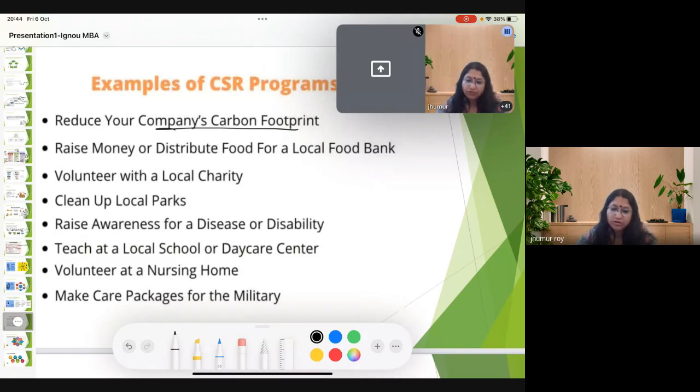Then you go to local food banks, you distribute food. Like during COVID, you'll find that so many companies had come forward, even individuals who were earning well, film stars and others, at least in India, I know that, they went out of their way to provide food for all the people who were stranded in different places, who did not have work.